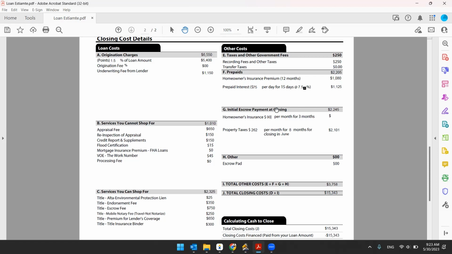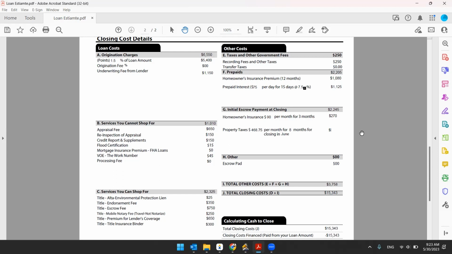Moving on to our impound account or our escrow account, same thing like soda and pop. This is going to be 3 months for hazard insurance. That's going to be a total of $270. And our taxes are $468.75 per month. In the state of California, our property taxes are 1.25%.